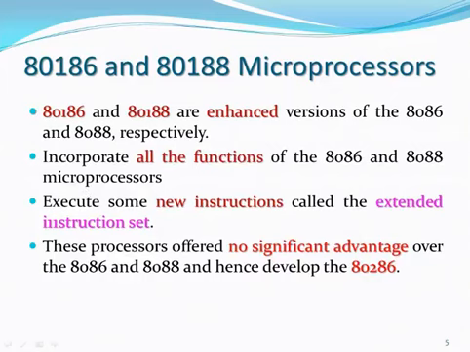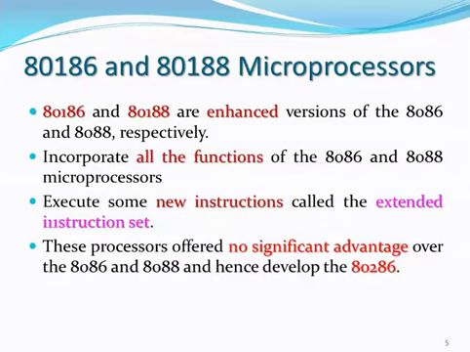So if something is enhanced, do you think the previous features, previous characteristics are totally omitted in the updated version? No, sir. Whatever features, whatever characteristics you have with the 86 and 88, the same things will be inside the 186 and 188. In addition, some other changes.